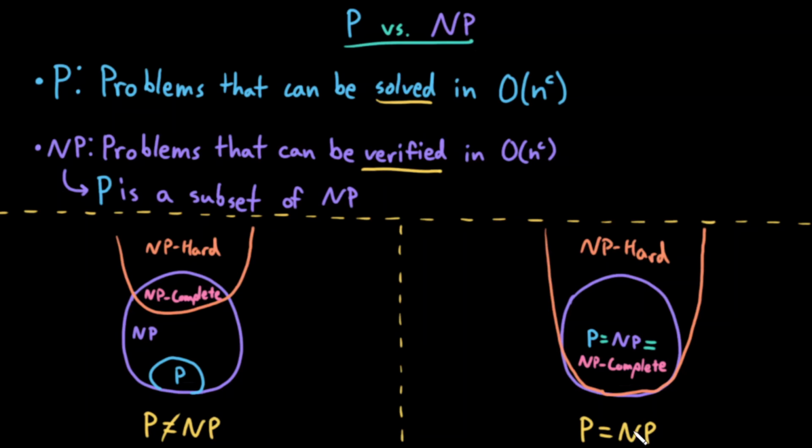So if P equals NP, that would have good implications for certain biomedical problems and various other problems that we would like to be able to solve, but it would have very bad implications for security. So it's kind of this tightrope. It's not clear which of these scenarios we should want, but regardless, we don't know what the current state of affairs is. Again, we think P does not equal NP seems more likely, but we just don't know.